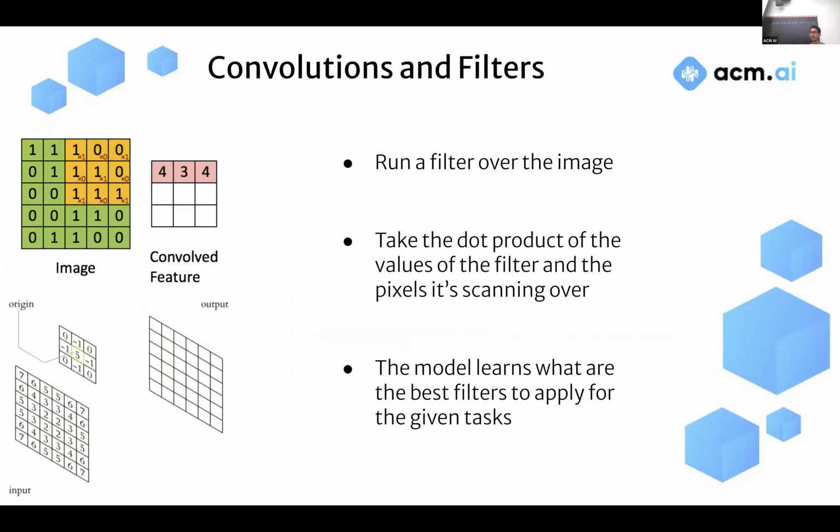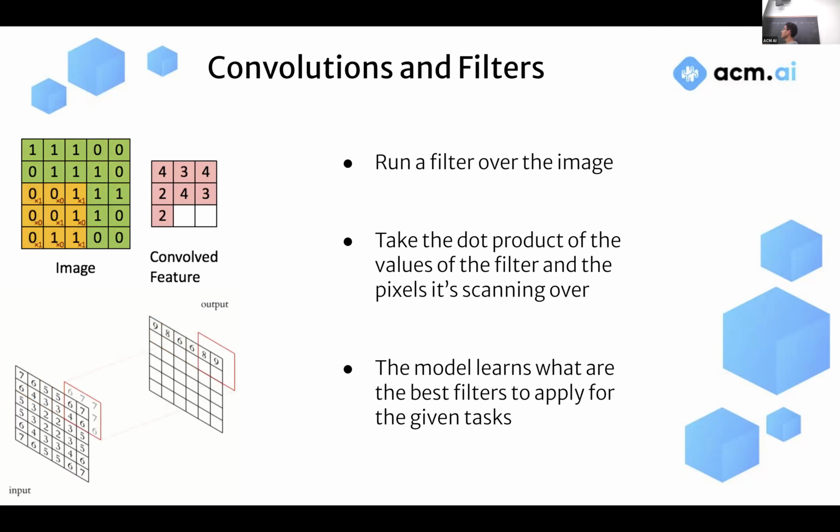Next up, we talked about convolutions and filters. This was as we started talking about convolutional neural networks. We talked about how you take a filter, as shown with this little orange square right here.